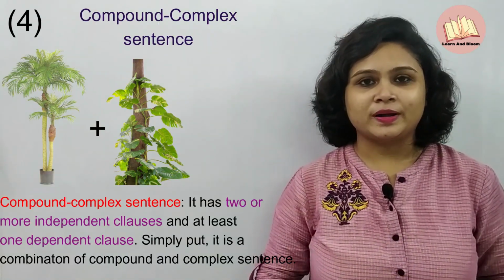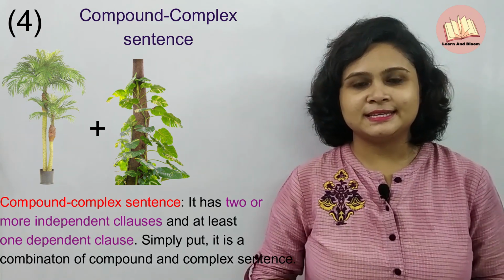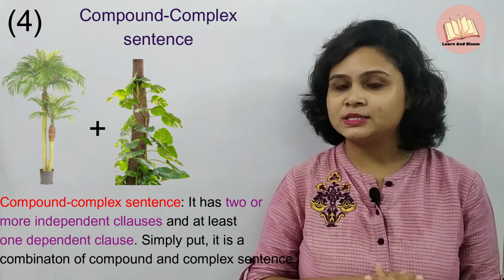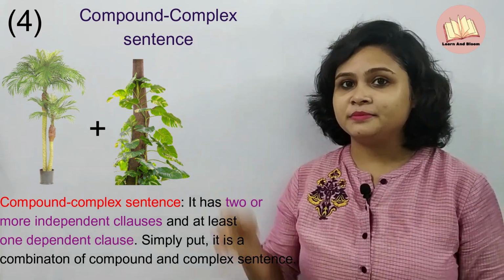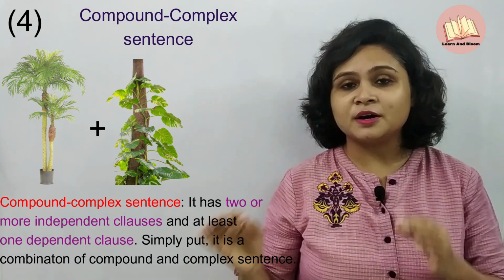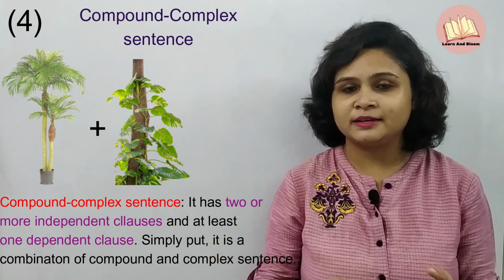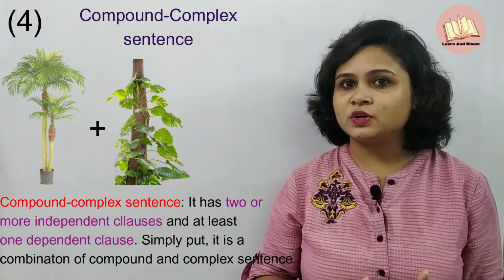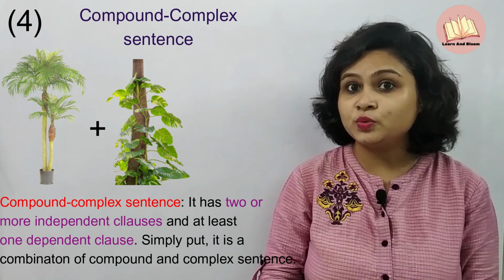Now the last one, compound complex sentence. It has a little complexity but we will not think too much. We will just see the name, compound complex sentence. It's nothing, it's just the combination of a compound sentence and a complex sentence. See the picture here. I have a picture of a palm tree that has two trunks.